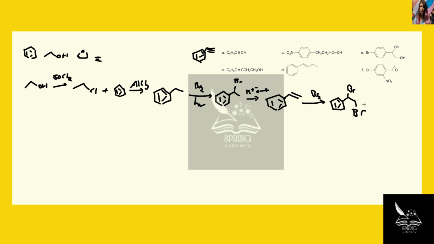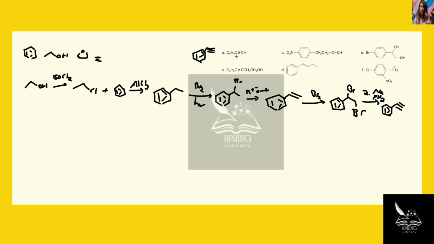And then I can eliminate both sides using 2 equivalents of a strong base, such as sodium amide. And then I will get my doubly eliminated product, being this alkyne triple bond off of the benzene ring. And that actually gives us product A.